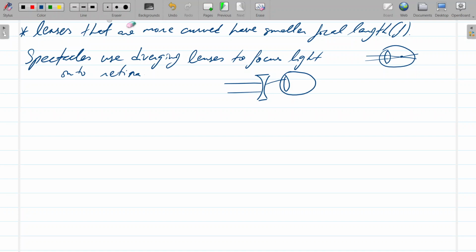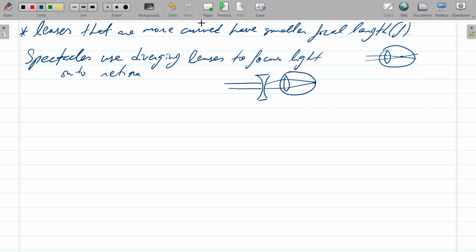Let me just redraw the one over here. You've got these light rays coming in, they are diverging, and then they're able to focus properly. Okay, so that is the science behind it.